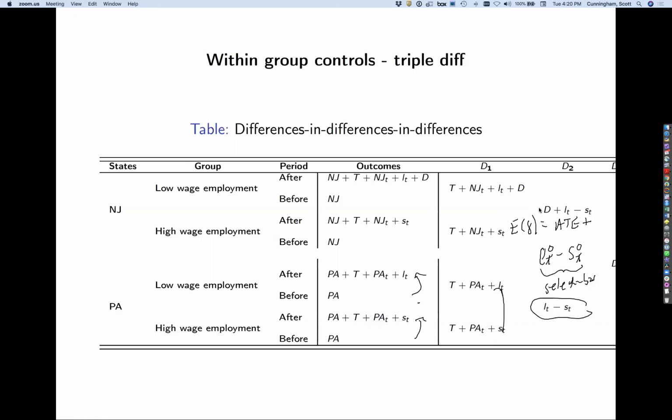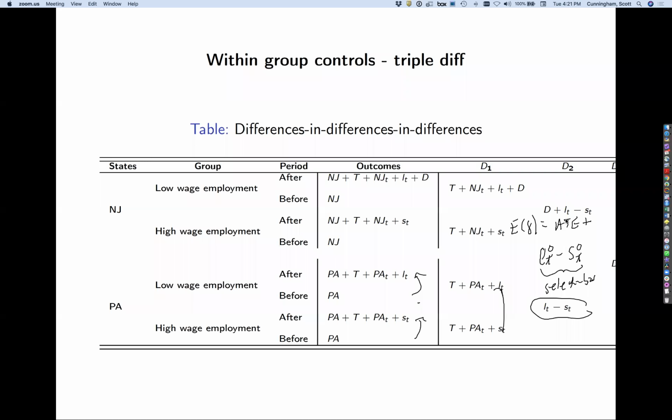So the problem is triple diff does not allow you to get assumption-free identification. You're going to get identification off of the belief that you have these two parallel trends that are holding, both of which, this one right here is observable, this is not observable, okay? We need the distance between LT and ST to be the same per year for the treatment group and the control group.